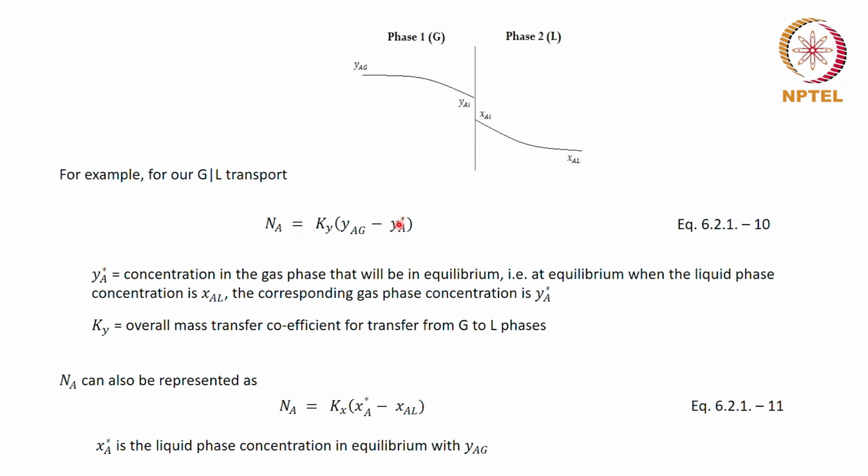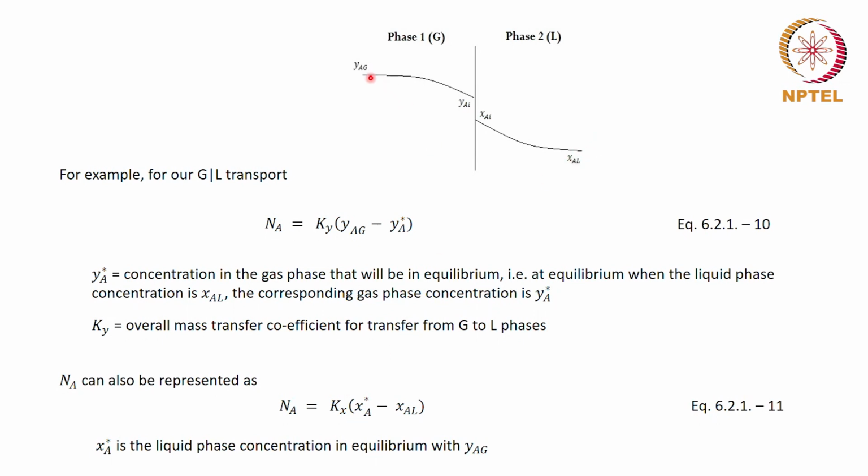Similarly, we could do the same thing for a liquid side aspect. The flux of A equals a capital Kx, an overall transfer coefficient in terms of the liquid side X, times XA star minus XAL. XAL is the bulk concentration here.